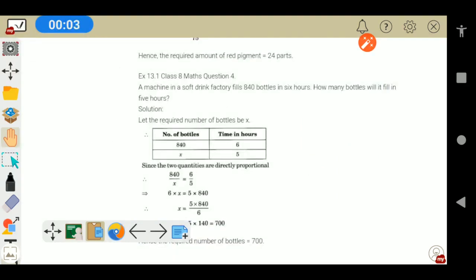Next is: a machine in a soft drink factory fills 840 bottles in 6 hours. How many bottles will it fill in 5 hours?